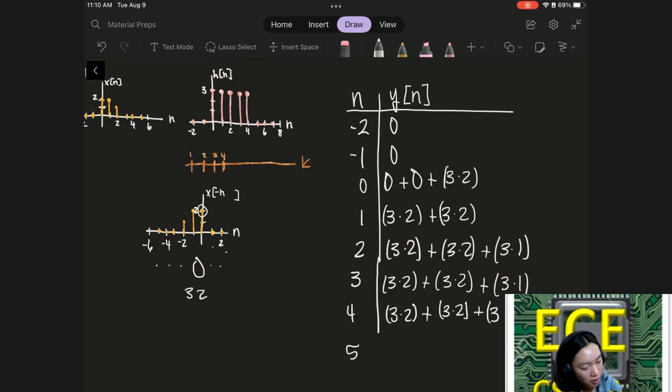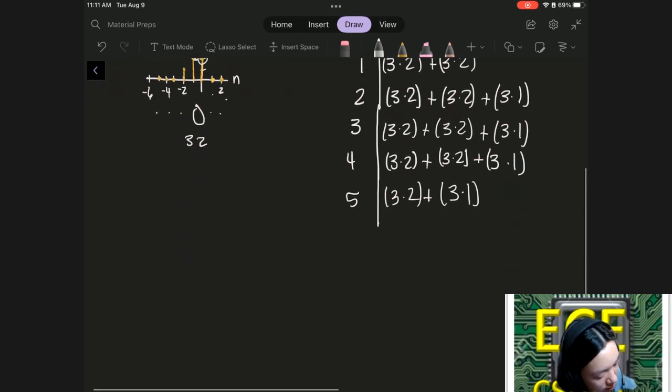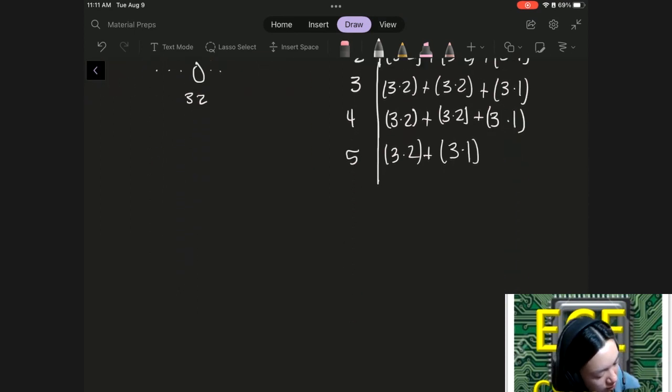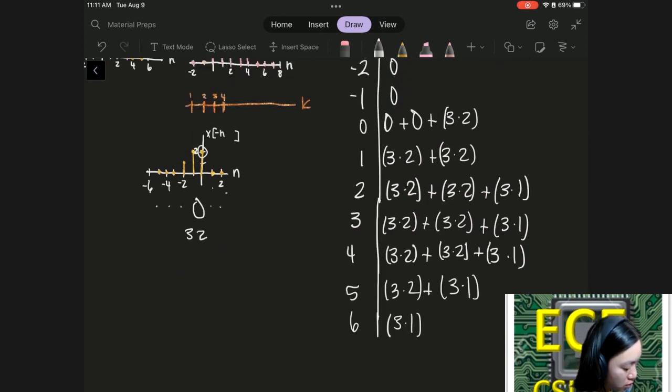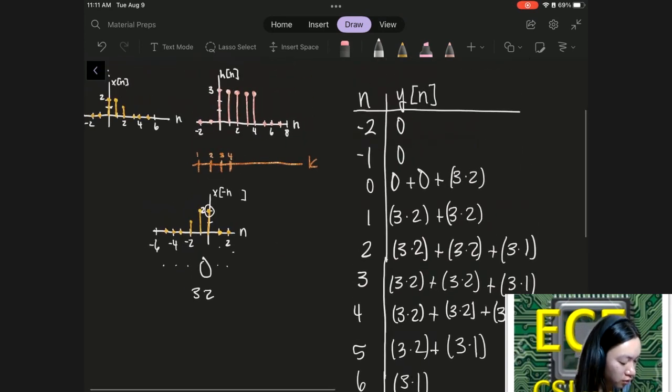And at 5, 3 times 2 plus 3 times 1. And then at 6, it's 3 times 1, because this is 1 times the last overlapping.